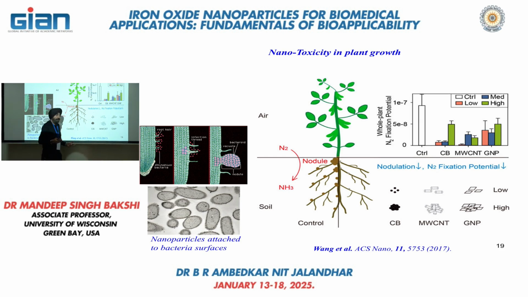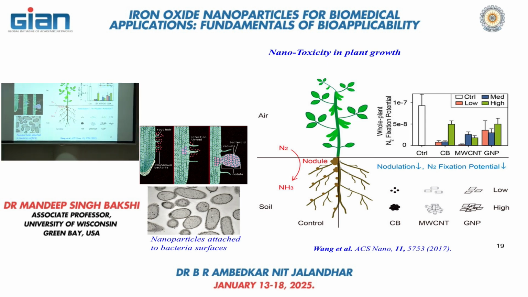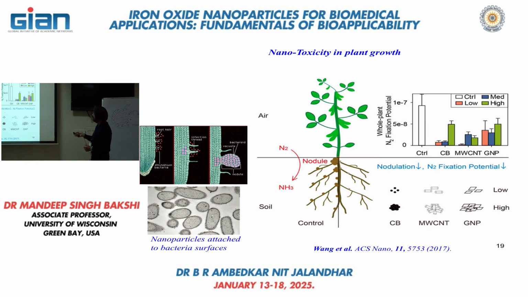So, bottom line, the overall growth, suppose you see this graph. This is the control of overall growth of the plant in a non-contaminated soil. But when it is contaminated with different kinds of carbon nanoparticles, all these are carbon nanotubes or carbon nanoparticles of different shapes, you could see in all the cases the growth is much retarded in comparison to the control.